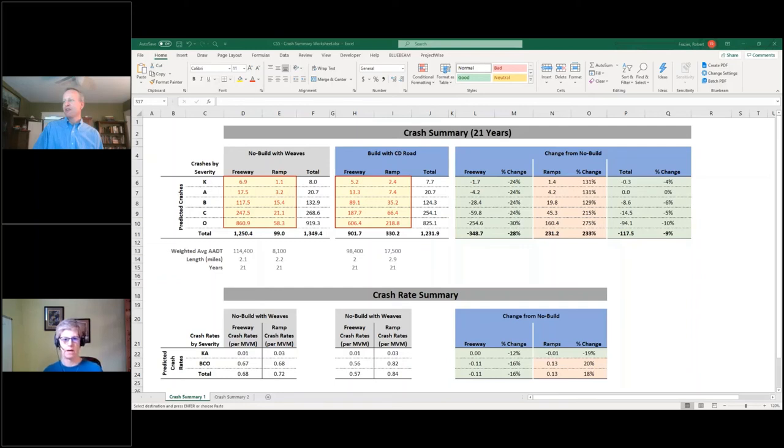So seeing things like trade-offs: freeways improve, but the ramps, not so much. Crashes and crash rates tell a different story. Safety improvement along the freeway. Increase in crash rates of low severity crash types on ramps. Decrease on the freeway.